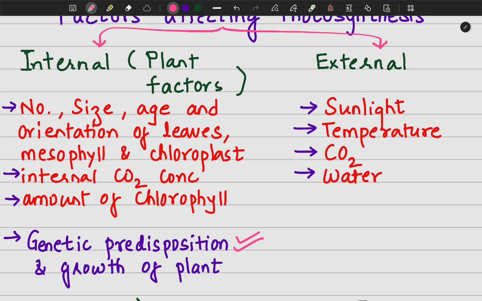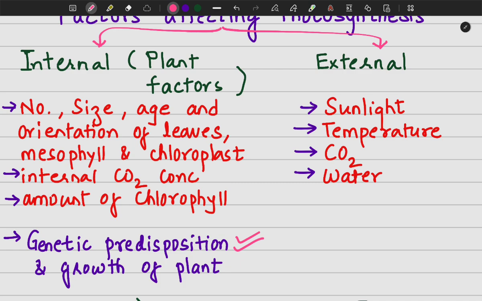What kind of genes are present and what kind of proteins they are coding for the external characters as well as internal characters of the plant. It all depends on the genes of the plant or the genetic makeup of the plant inside the DNA. That is why these internal factors are dependent on the genetic predisposition as well as growth of the plant.